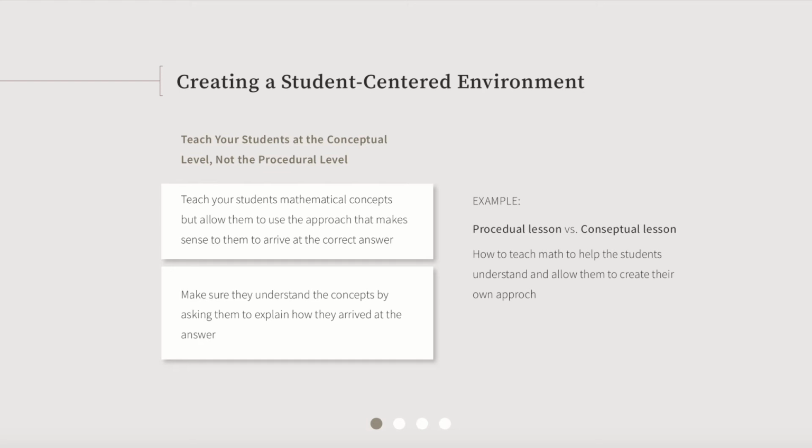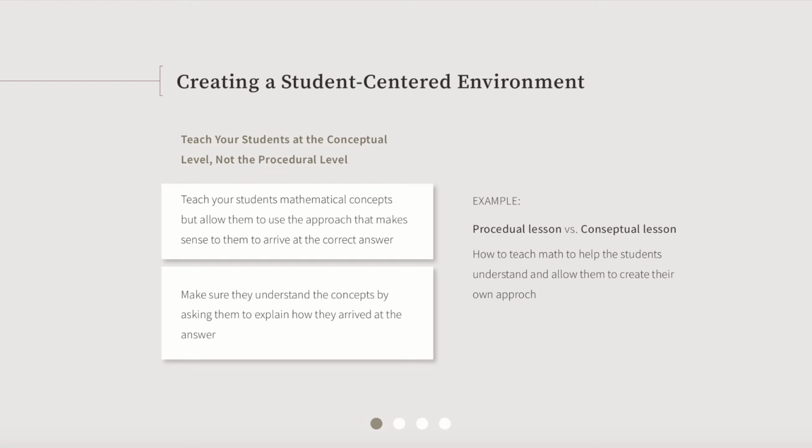While some students might be successful at following provided algorithms to solve a problem, many may not be able to explain or understand the mathematical concepts. Focusing on the underlying mathematical concepts instead empowers students to choose and design their own approaches to a problem. This can be done by asking your students to explain how they arrived at their solution.